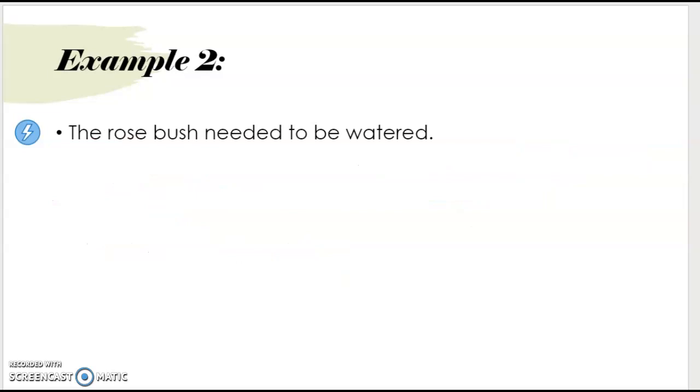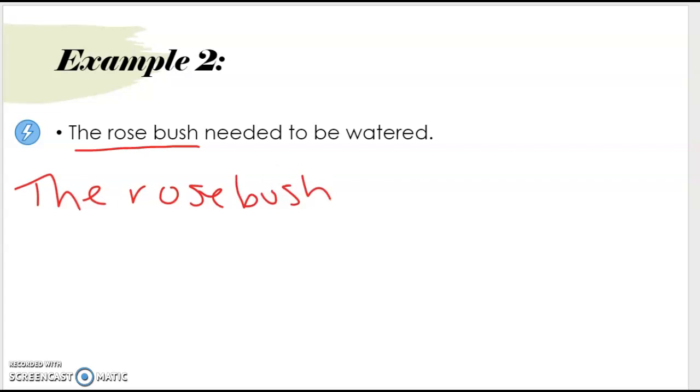Let's look at another example. The rose bush needed to be watered. Well, first we need to find our subject, the rose bush. So then you copy it down. It needs to be watered. So to be watered, something that would make sense: it needs to be planted. So the rose bush, let's maybe do a dash this time.